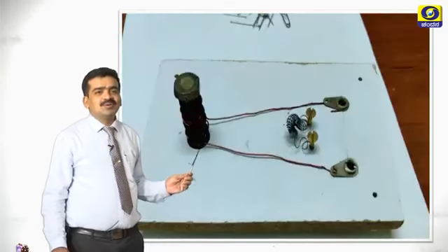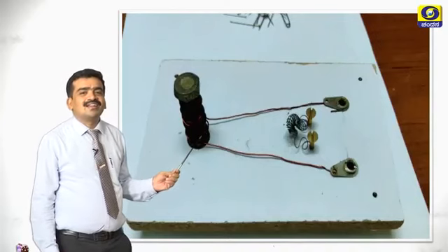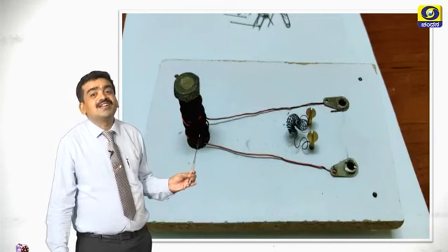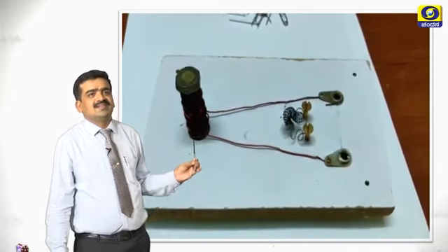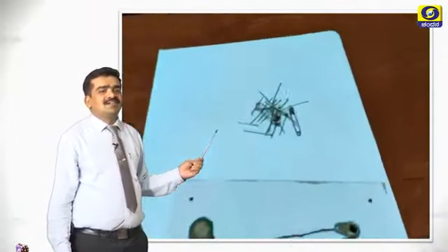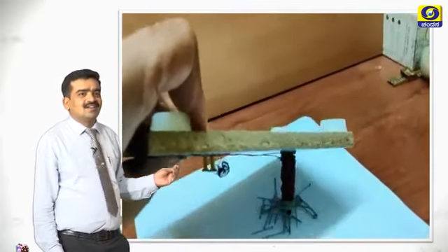See, here I am showing you an experiment on how an electromagnet works and what happens when it loses its property. See here. Here I have wound copper wire around a piece of soft iron.